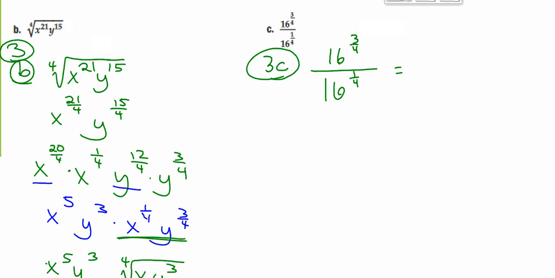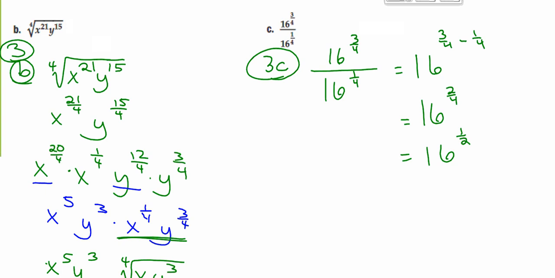So for this one, it's 16 to the 3/4 minus 1/4. And so we couldn't have a better fraction problem. The bases are the same, the powers have the same denominator, and so I get 16, 3 minus 1 is 2/4, and so I get 16 to the 1/2.